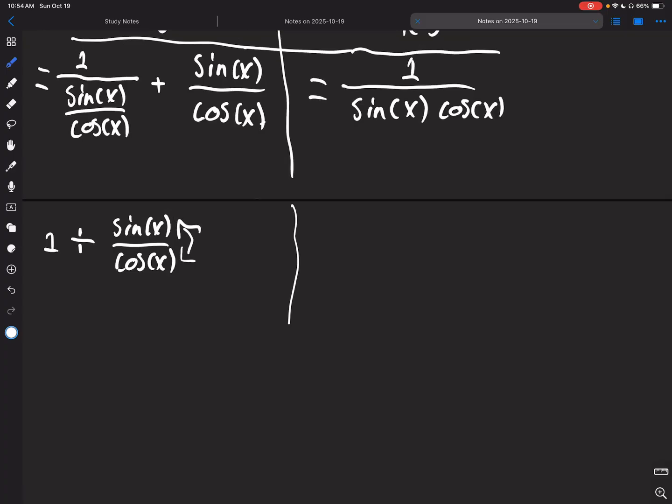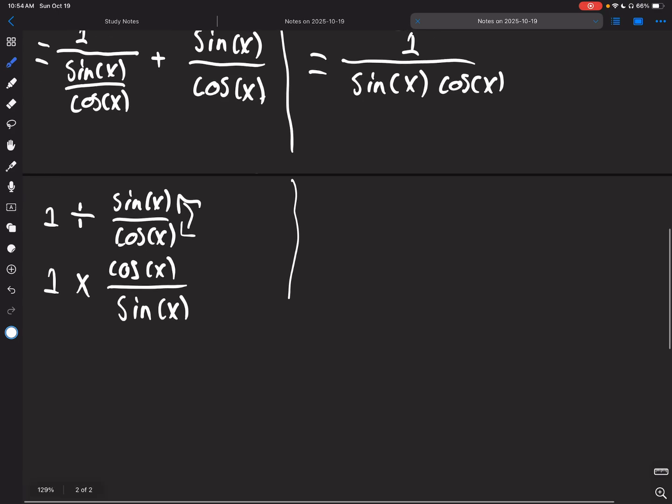And so this just becomes 1 times cos x over sine x. Okay, and now 1 times anything is just itself, so this will all just become cos x over sine x.